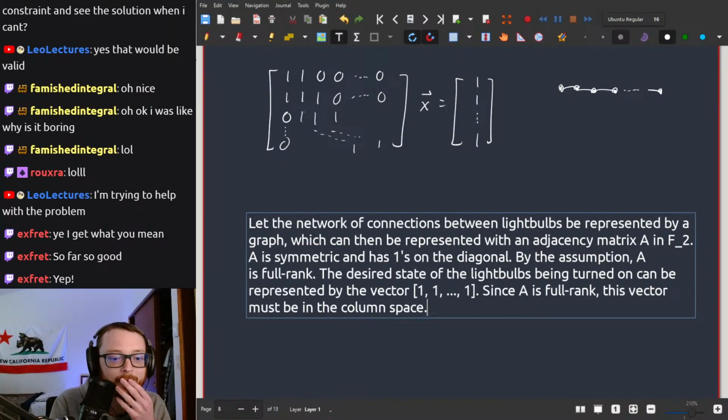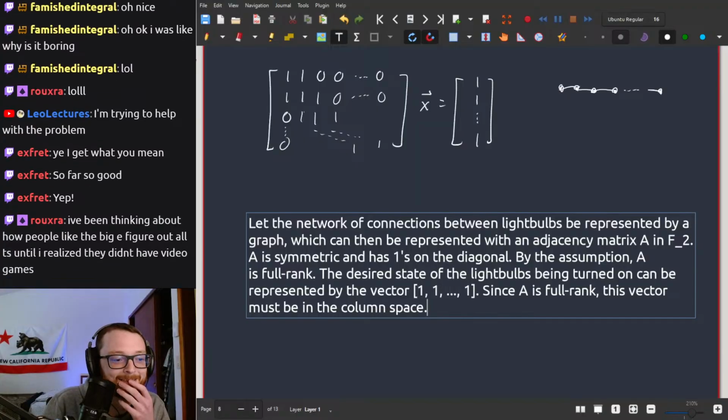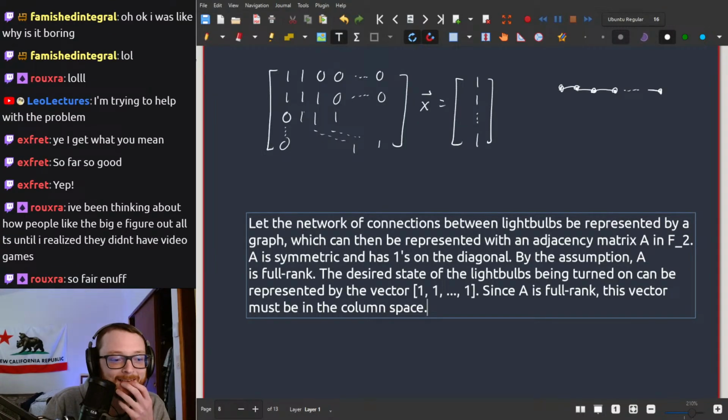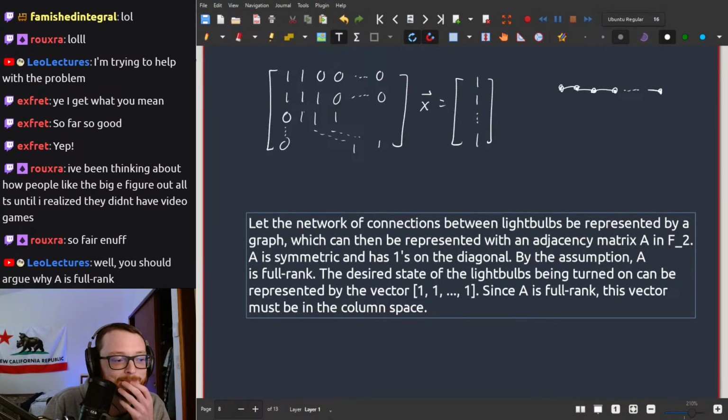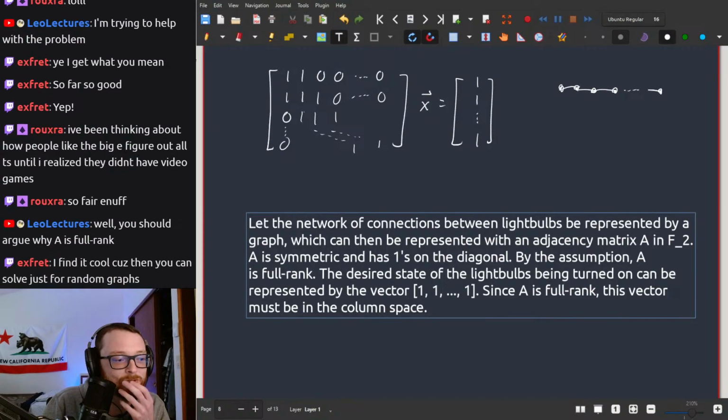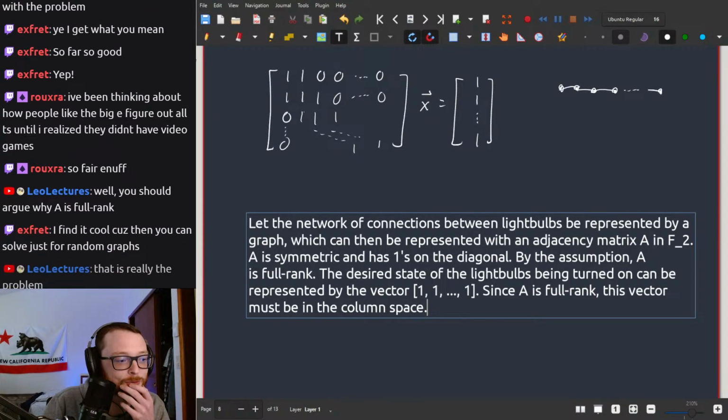Oh, okay. I was making it harder than it had to be then. Should argue why A is full rank. I guess you're a harsher grader.